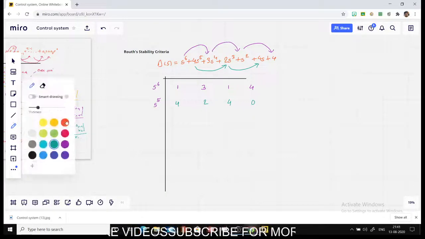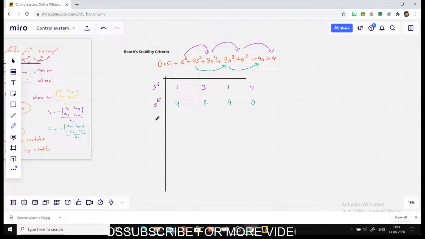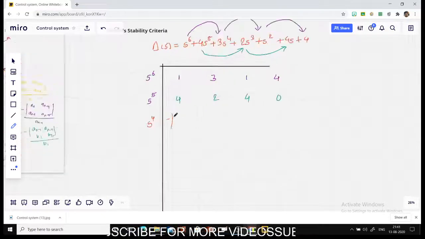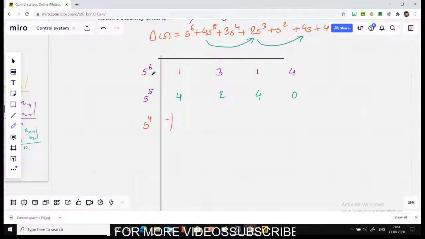The next row will be S raised to 4, and for this row you will try to find the determinant. What are the values for that determinant? 1, 4, 3, 2 divided by 4. That is the value of this row and column element.